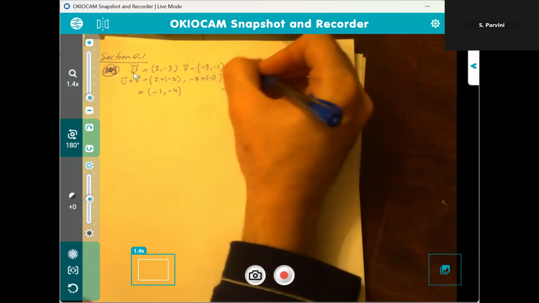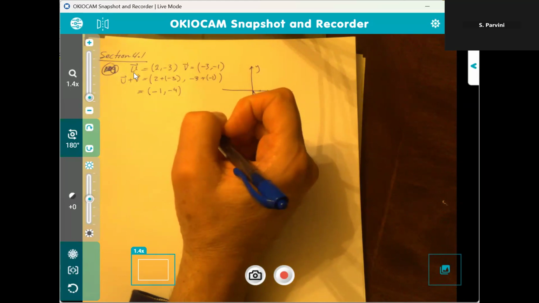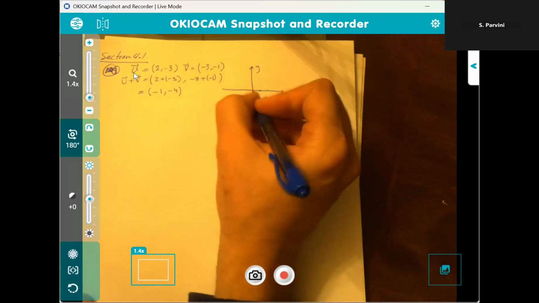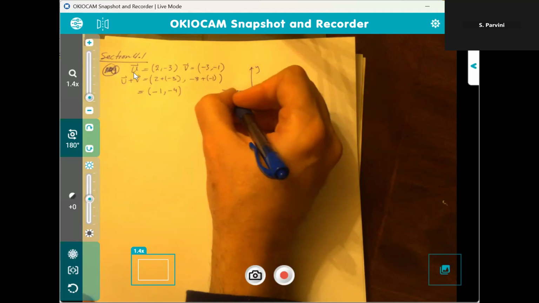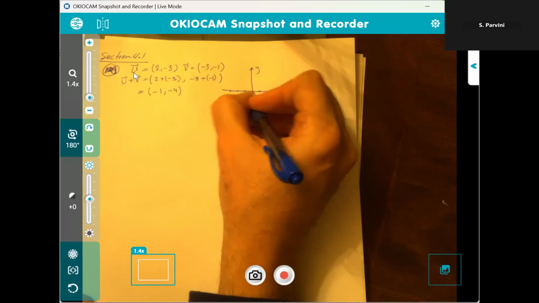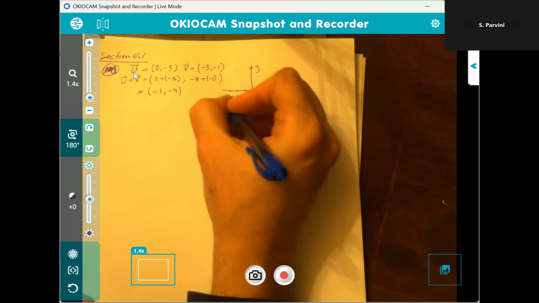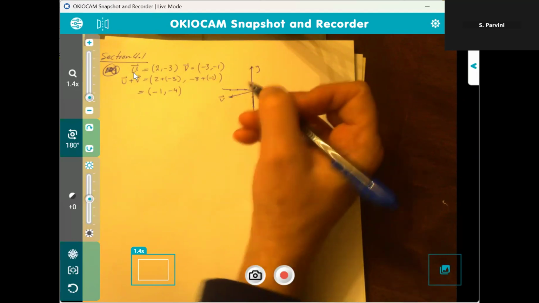Here's x, and there's y. Vector v is negative 3, negative 1, so that's going to be in the third quadrant. This is like 1, 2, 3, and negative 1 would be here. And that would be vector v. Now the sum vector is negative 1, negative 4.